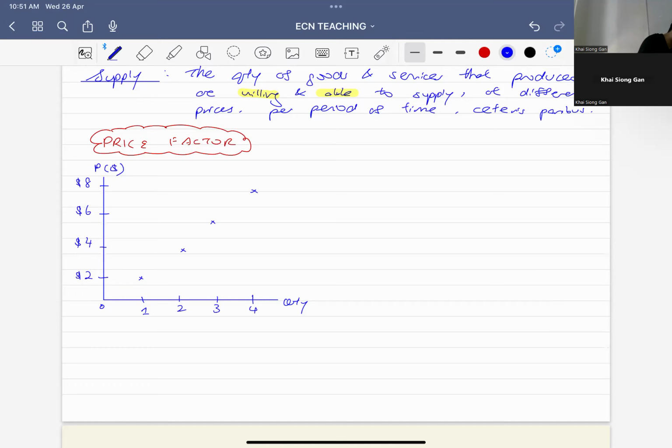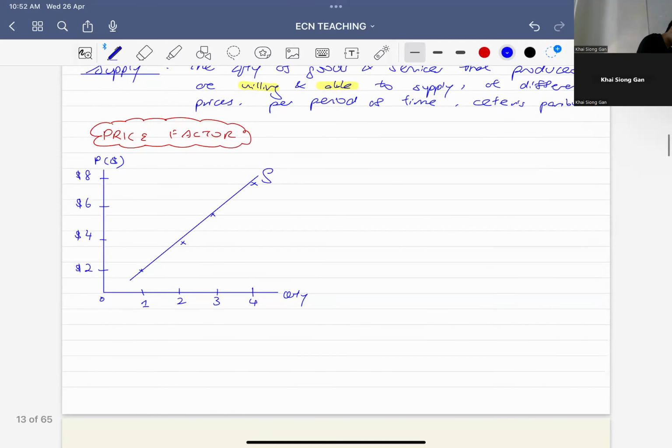So you can see that there is an upward sloping supply curve. A higher price results in a higher quantity supplied, and a lower price results in a lower quantity supplied.